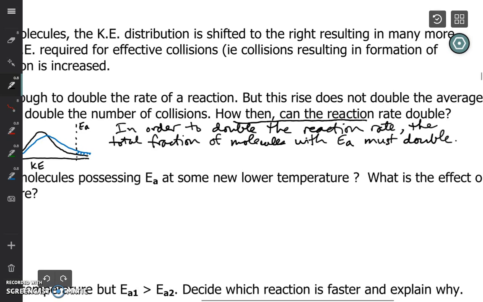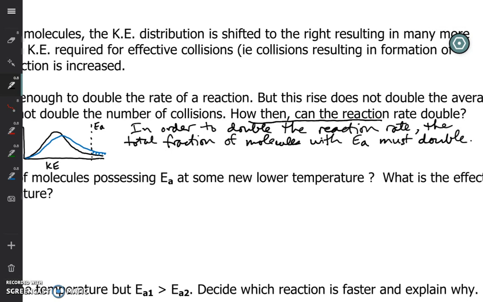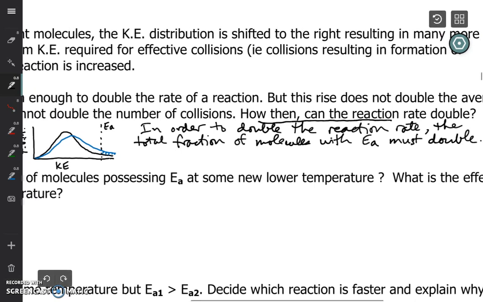And for that to happen, you don't need to shift the curve a lot, especially if the activation energy is quite high. If the activation energy were lower, then small changes in temperature don't have as large an effect.